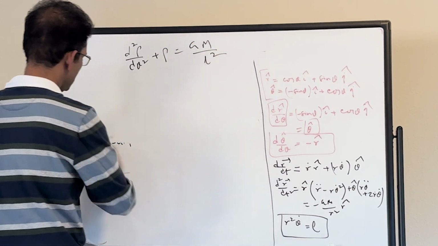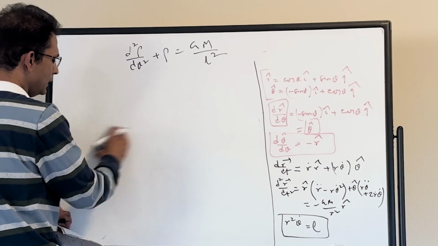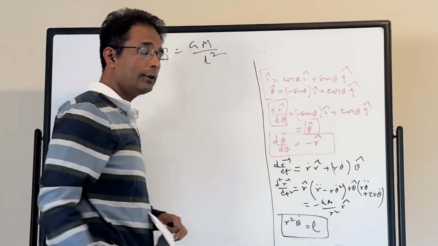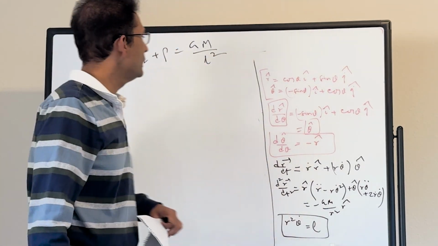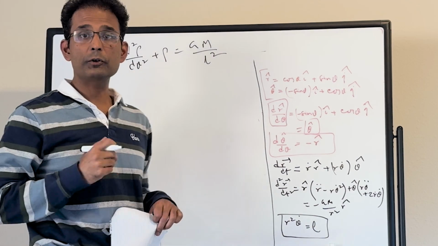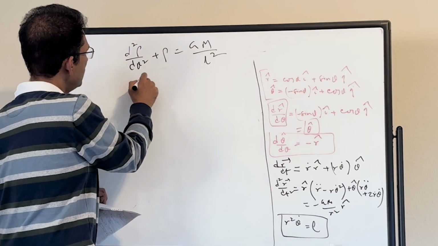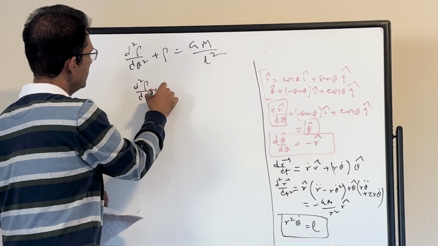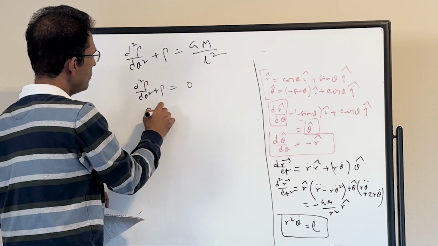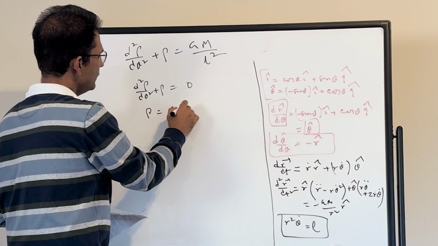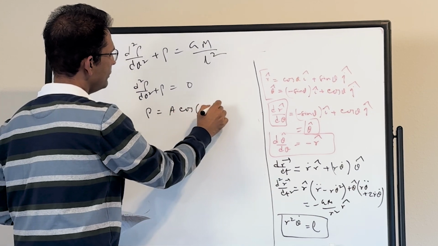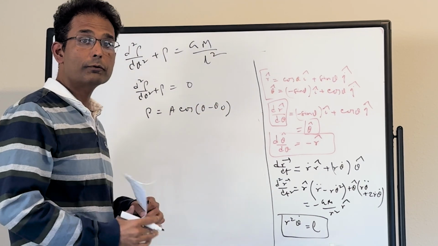Now, how do you solve this? For these types of differential equations, you first find the homogeneous solution, which means you set 0 on the right side and then solve for rho. So rho is given by A cosine of theta minus theta 0. It's of this form.